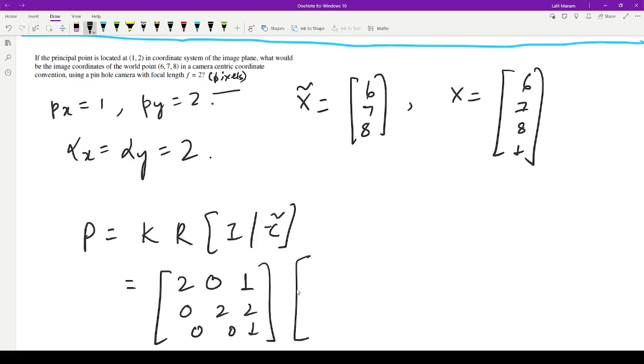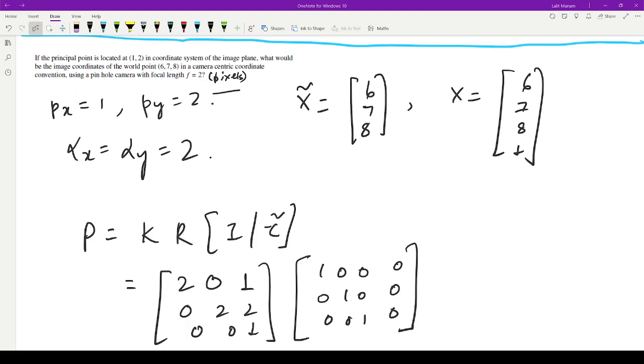Again, there is no rotation, so it's an identity matrix. Here again, it's an identity matrix, and the camera center is also at the world coordinate origin. So that's all there is to it.